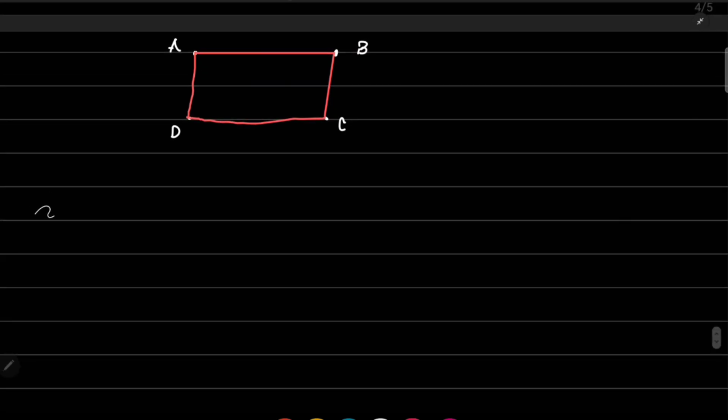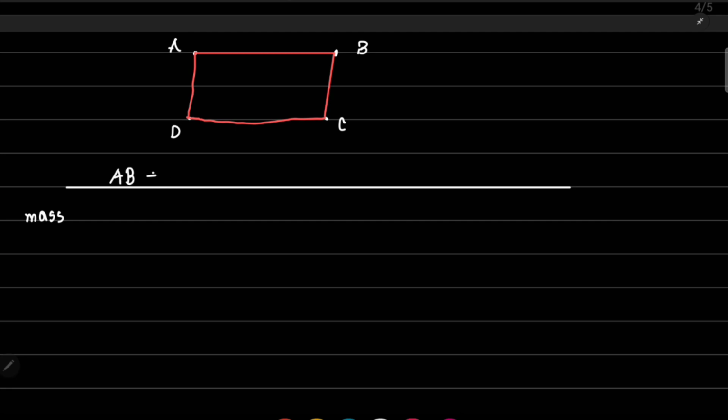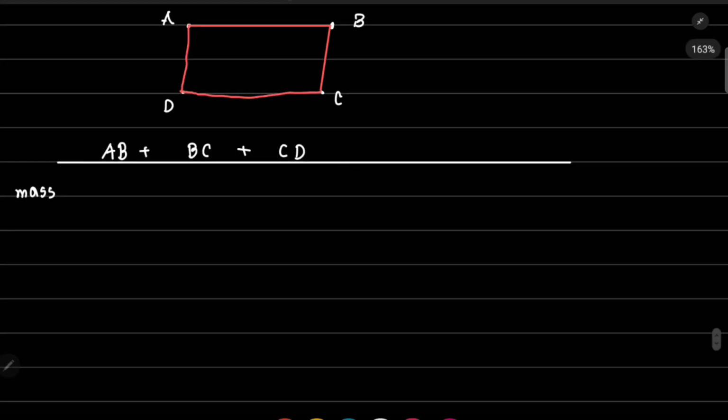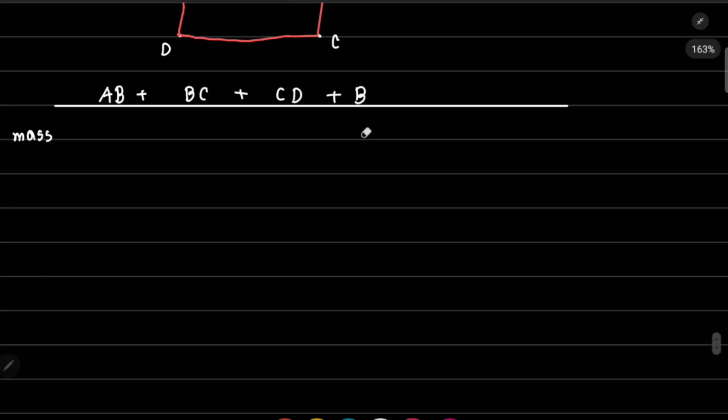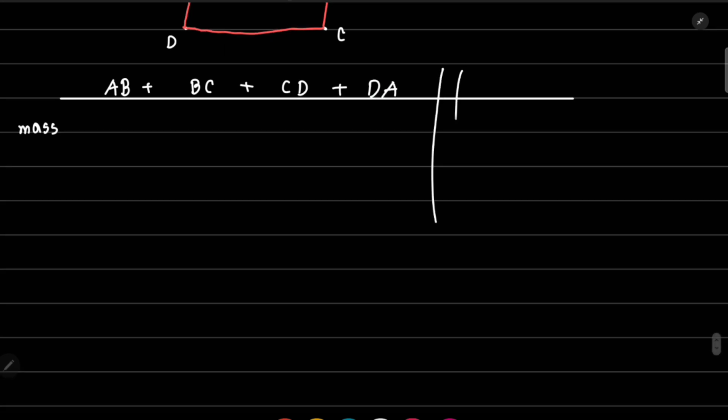For framework, we'll make the tables like this. So mass, and on top we'll add all the wires. So the wires are AB plus BC plus CD plus DA. By doing that, we get the total.